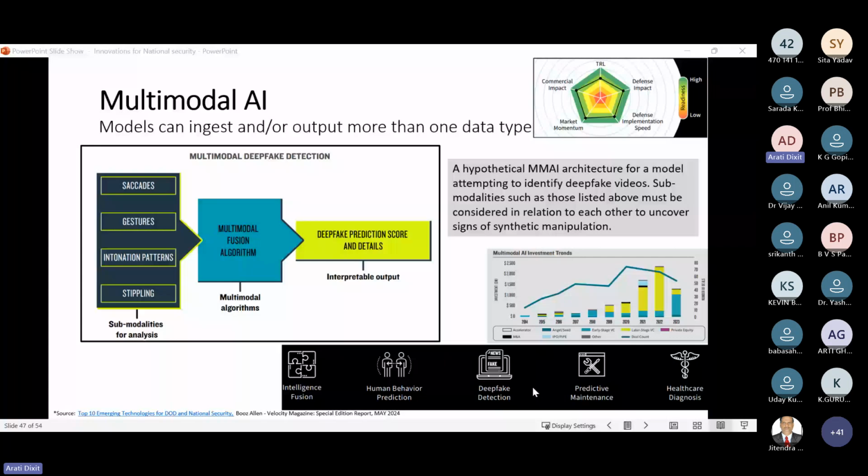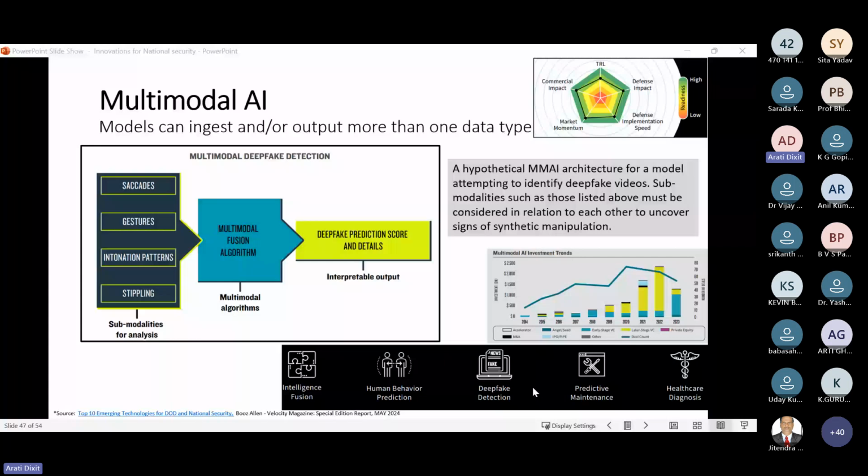The tumor won't be sitting at a single location. So taking into account the nature of the brain and these different modalities, it was an attempt to find the location of the tumor so that the brain surgeons can figure it out and do minimally invasive surgery to remove the tumor from the brain. So these are different examples of multimodal AI.